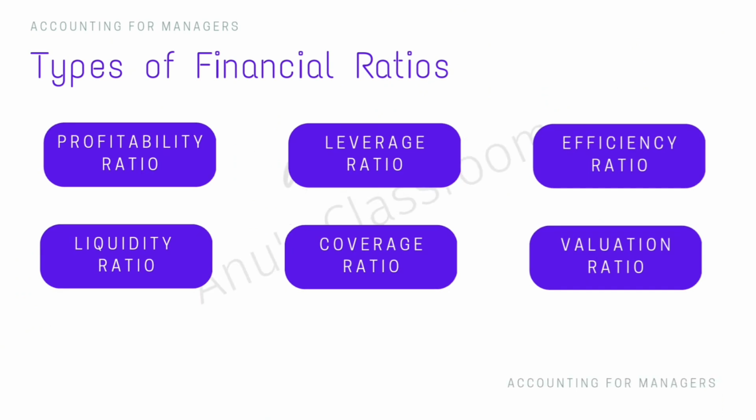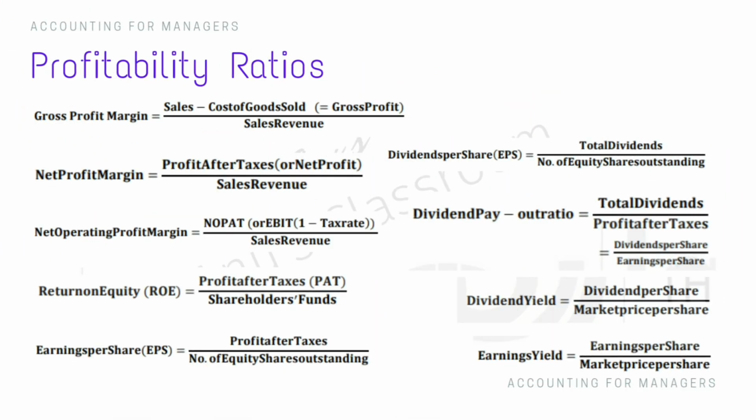A few of the types of financial ratios include the profitability ratio, leverage ratio, efficiency ratio, liquidity ratio, coverage ratio, and valuation ratio. There are many different types of profitability ratios, like gross profit margin, net operating profit margin, return on equity, earnings per share, that is EPS, dividends per share, dividend payout ratio, dividend yield, earnings ratio, and earnings yield.